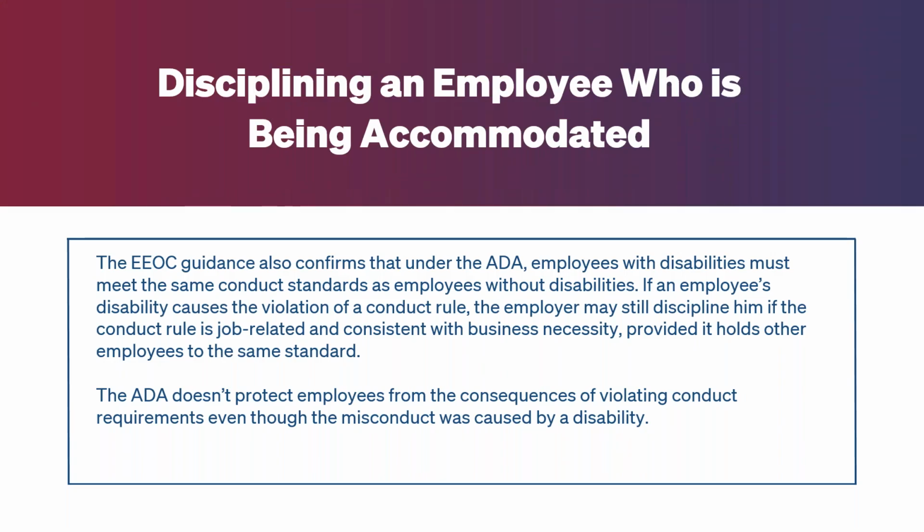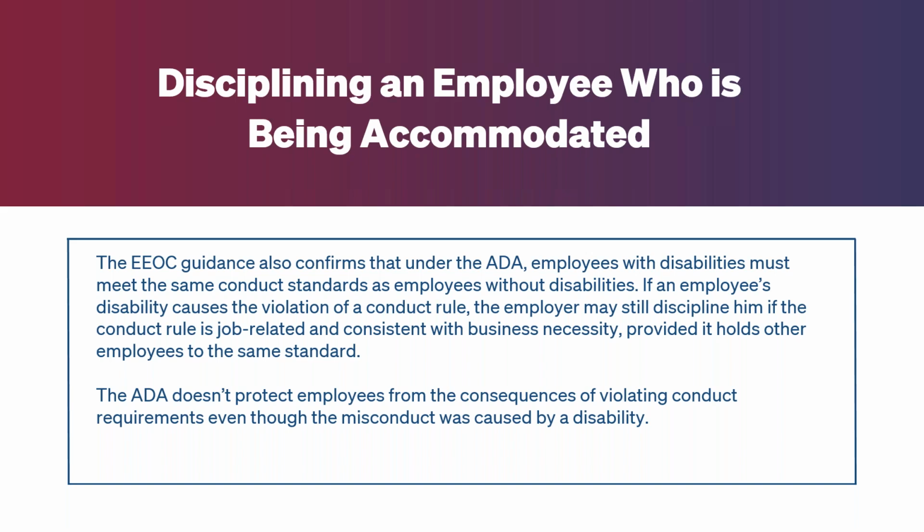And the EEOC guidance also confirms that under the ADA, employees with disabilities must meet the same conduct standards. If an employee with a disability causes the violation of a conduct rule, the employer may still discipline the employee if the conduct rule is job related and consistent with business necessity, provided that it holds employees to the same standard.